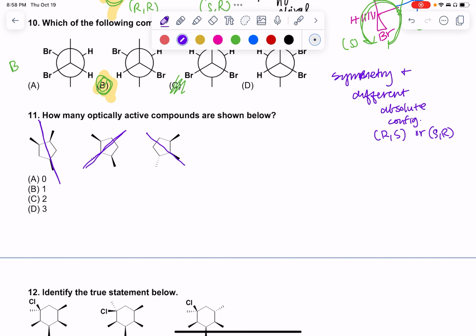This one can't be trans and this one cis. That would make it symmetrical. So there's only one optically active compound. These two are not, because they've got that line of symmetry. These are meso.